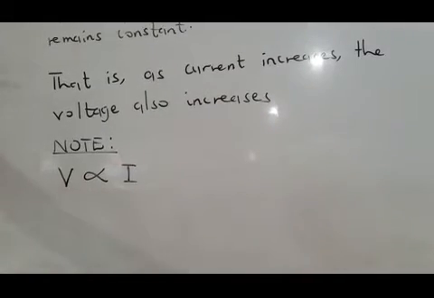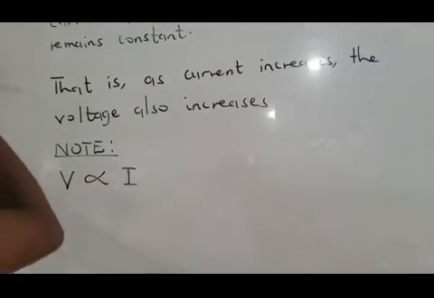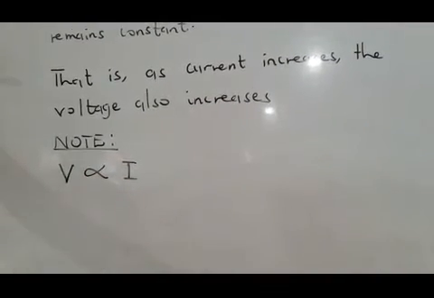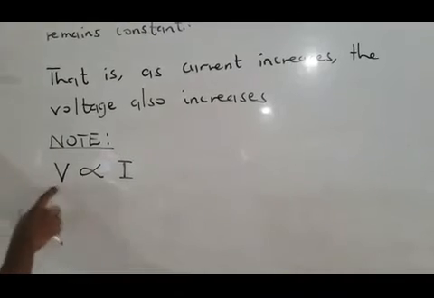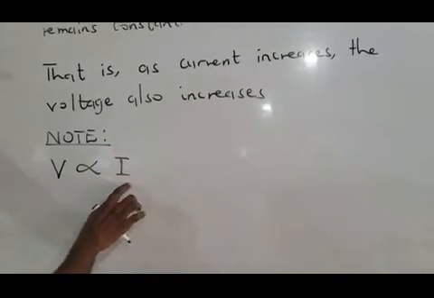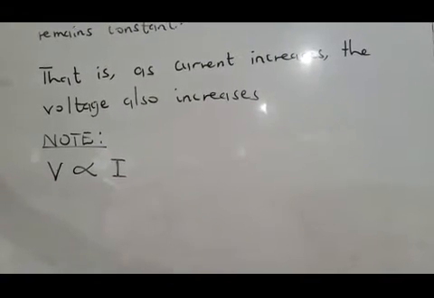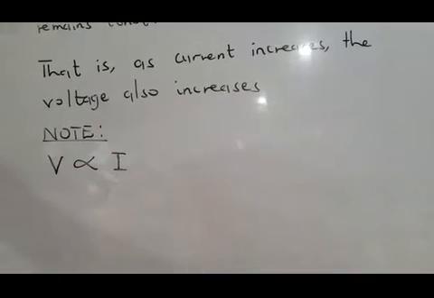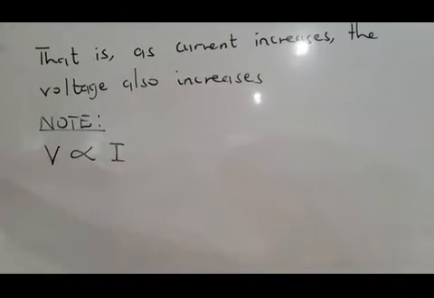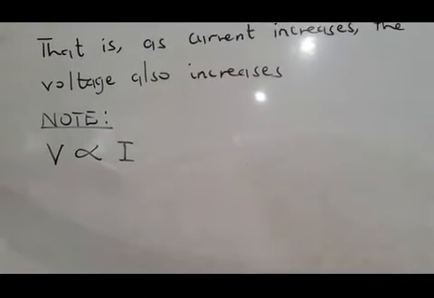In maths, this represents the sign for proportionality. So we say V is proportional to I. And anytime you have the sign of proportionality and you change it to an equation, you introduce a constant.